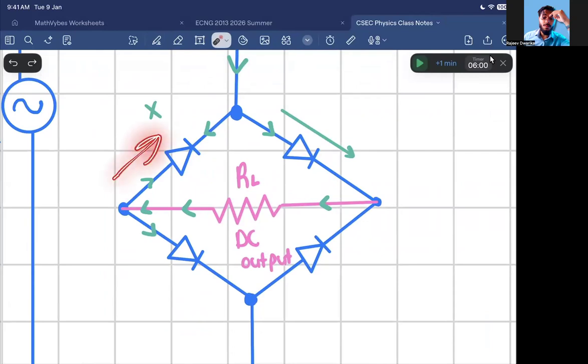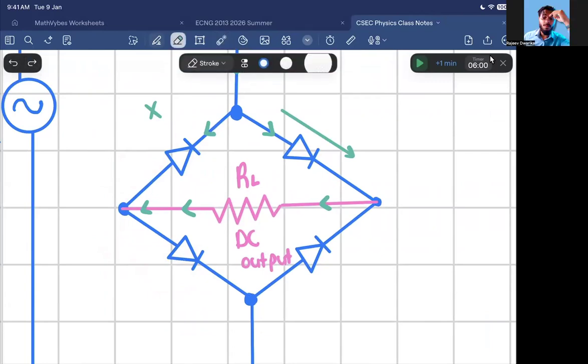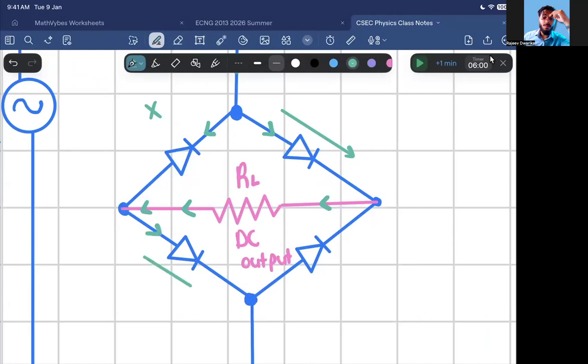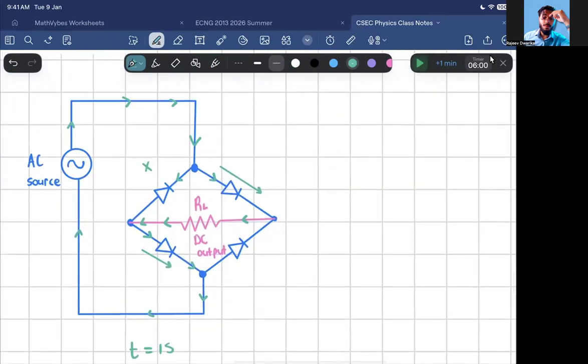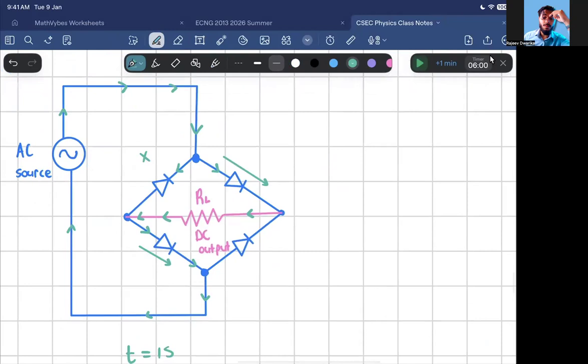The current could go in either direction, but the main one we're looking at is over here. The current is going to go in this direction. Can you all see that this diode will allow the current to flow there? So does it complete the circuit? Yes.